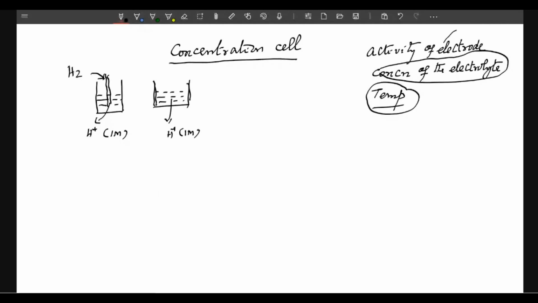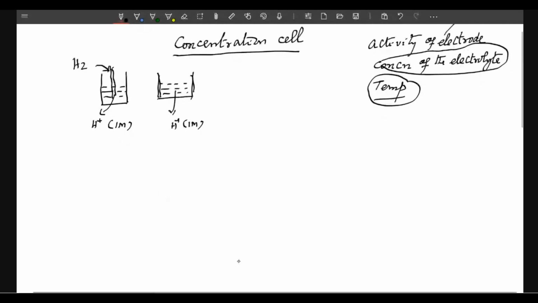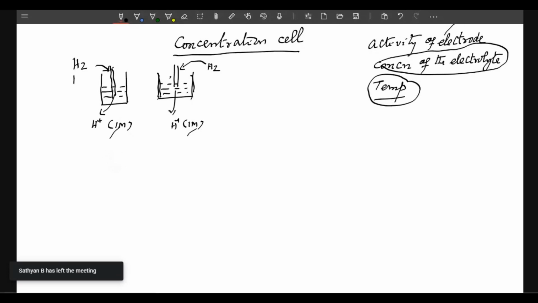passing hydrogen. Here also it is a hydrogen electrode and I am passing hydrogen. Here H plus concentrations are there, and here also the hydrogen electrode activity is the same. Now we are going to change the electrode activity. How? For the standard state, we are using the hydrogen pressure as 1 atmosphere. Here, I am not going to use 1 atmosphere pressure hydrogen.